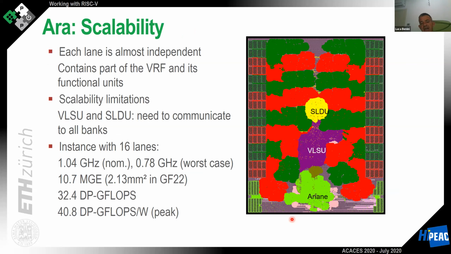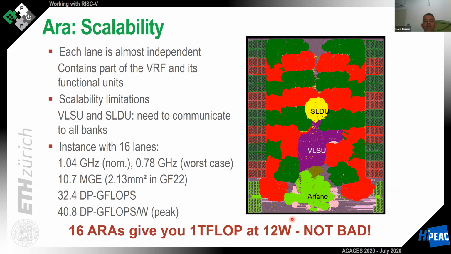Actually, 16 ARAs, 16-way ARAs, will give you, in a single chip, 1 teraflop in 12 watts. Actually, not bad at all. And it would compete with the top-of-the-line vector processors.